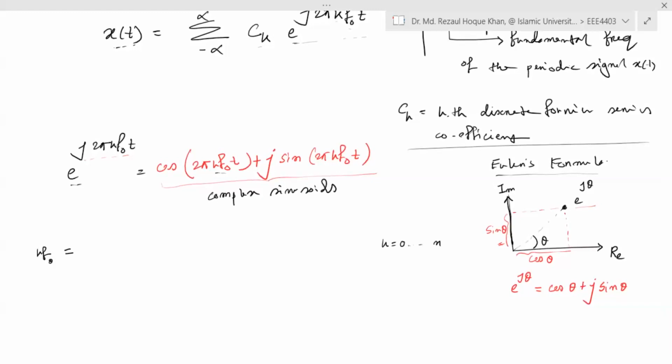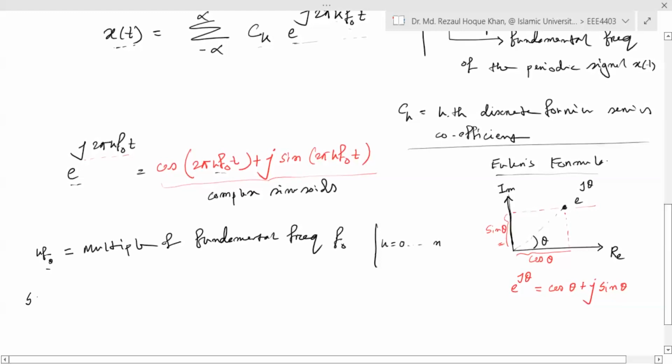So it's actually nothing but the multiple of the fundamental. This f0 is the fundamental frequency, and kf0 is a multiple of the fundamental frequency f0. Okay.